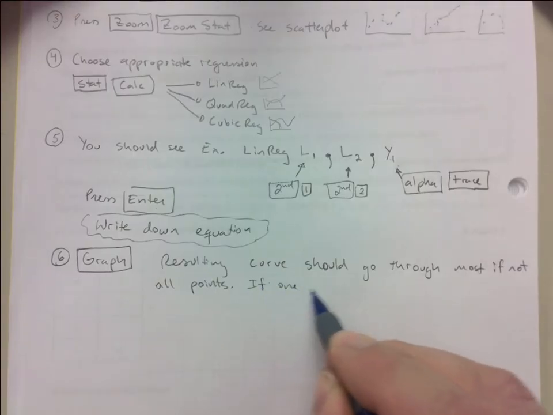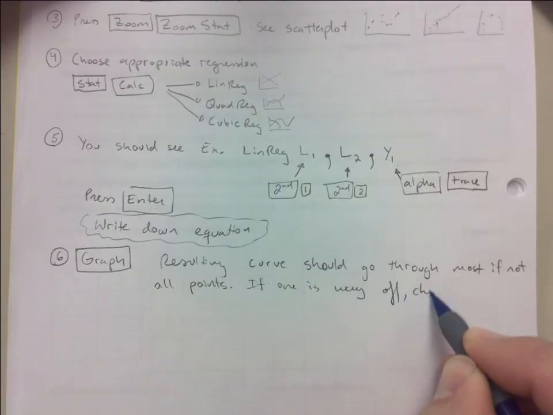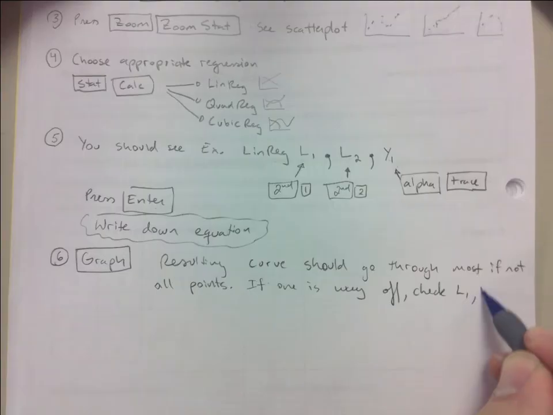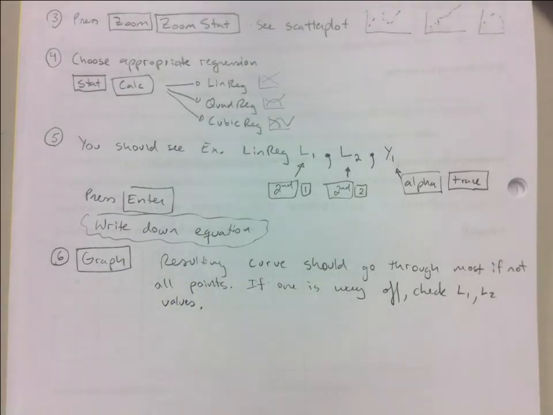If one is way off, check your L1, L2 values. Then you have to go back, maybe I typed in one number wrong, maybe one of the zeros, like if instead of pressing 10, you pressed 1, maybe that didn't work out for you. So you need to make sure you make a note of that, okay?